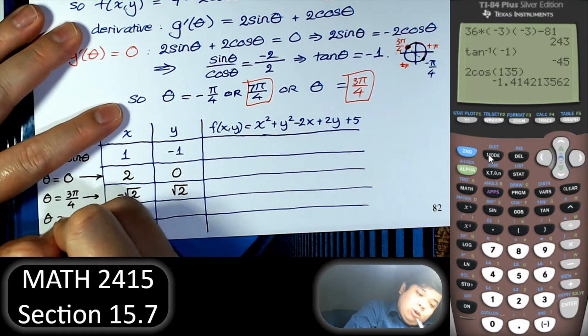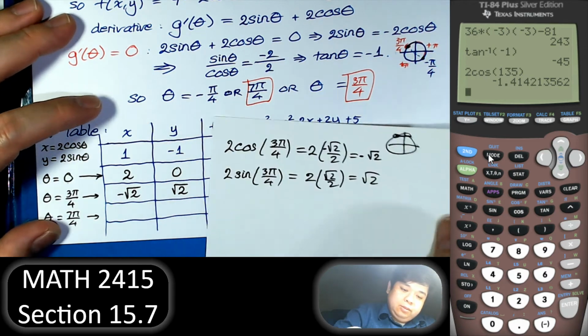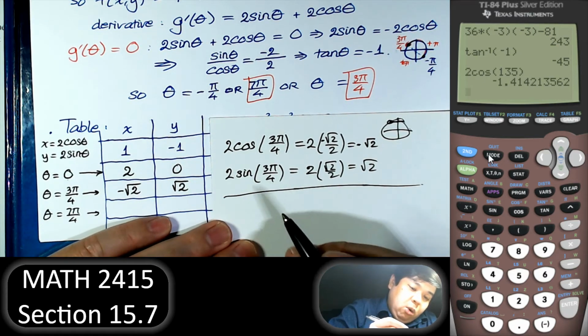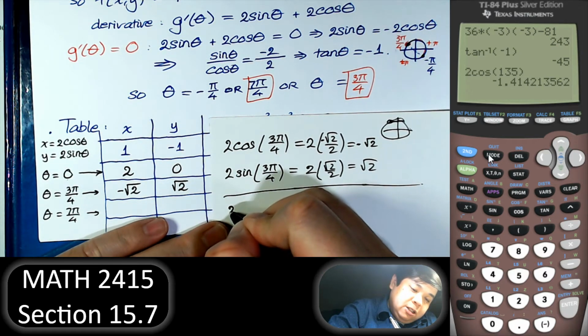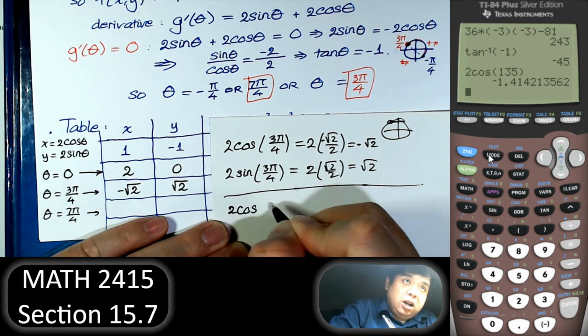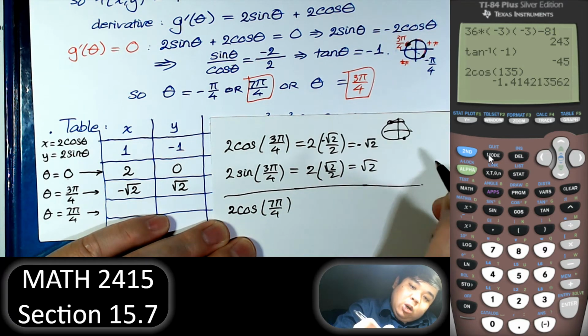And then theta equal to 7 pi over 4. 2 cosine 7 pi over 4 will be here, cosine is positive.